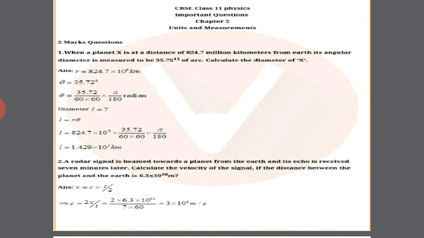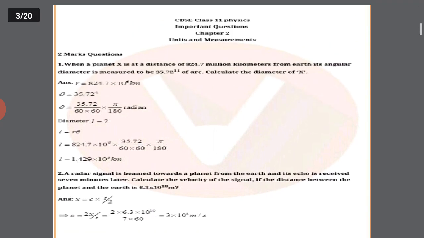Echo means the time is twice, so we need to find the distance first. c is equal to 2x upon t. c is the velocity of light, we all know. Very easy to find out.